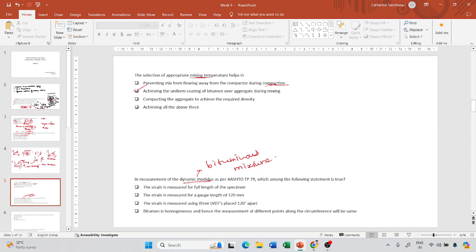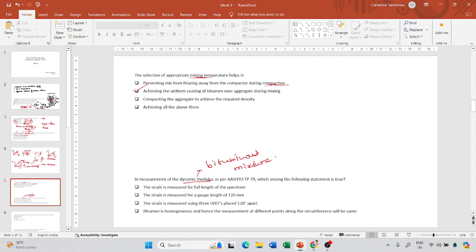Say, I will not use the same property for bituminous mixture and granular material. Why? Because the bituminous mixture will respond in a certain way, and the granular material will respond in a certain way. For instance, my granular material will not depend on the temperature, right? It will depend on other factors such as the moisture content and so on.